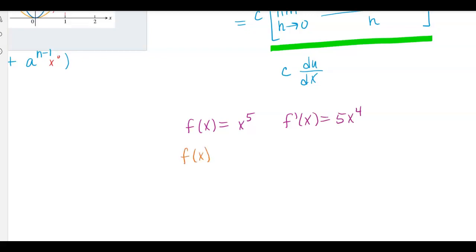What if instead we had 3x to the fifth? The constant rule that we just used said that we can just ignore this 3. It's going to just hang out there and stay as a multiplier in front. So when I take the derivative, I'll leave the 3 here, still bring the 5 down in the front, and drop the power down by 1. So I end up with 15x to the fourth.